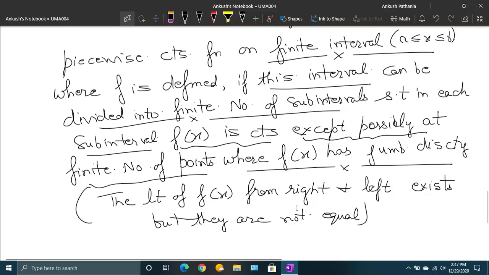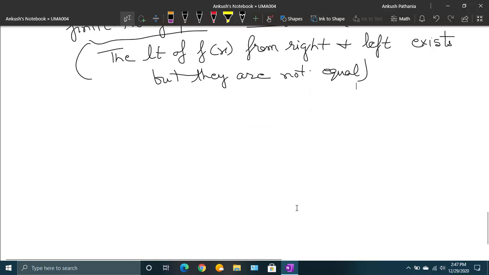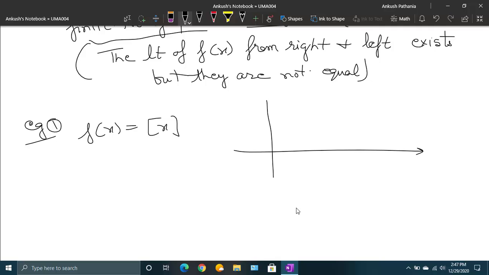For an example, let me consider one of the best examples to show that a function is a piecewise continuous function. Consider the unit step function, where x is taken to be greater than or equal to 0.